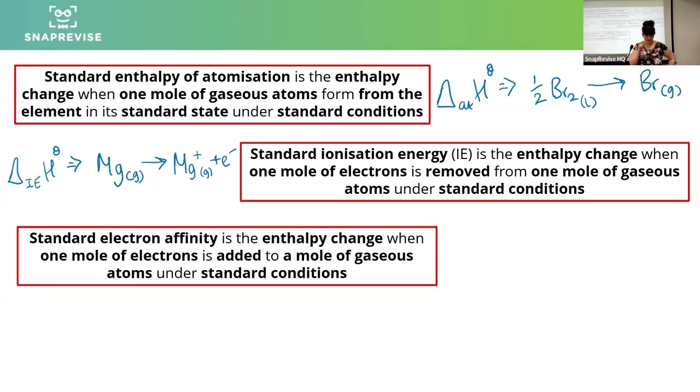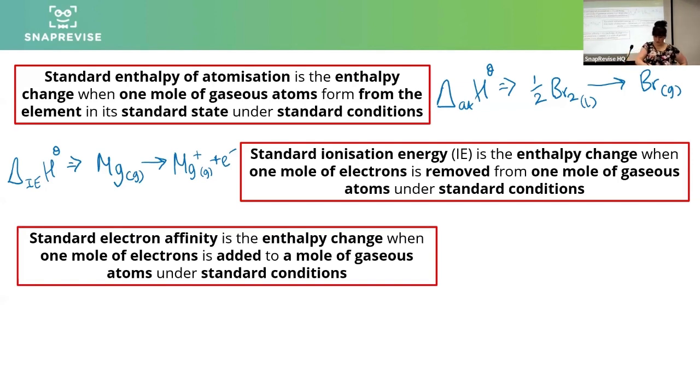What about the next one? Standard electron affinity is the enthalpy change. This is kind of the opposite, basically, of ionization energy. This is the enthalpy change when 1 mole of electrons is added to a mole of gaseous atoms under standard conditions. Again, both gaseous. Again, 1 mole, but this is the addition.